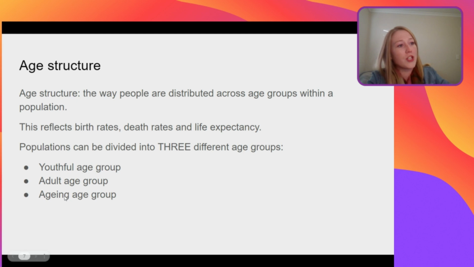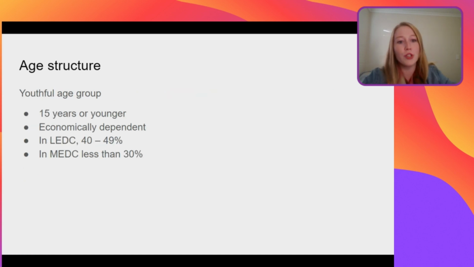If you have a large aging age group, you'll probably have a lower birth rate. So the youthful age group is anything younger than 15 years old, and they are considered economically dependent because they're not supposed to be working yet. They are still relying on their parents or their guardians or their families to look after them. So they are dependent on whoever's taking care of them.